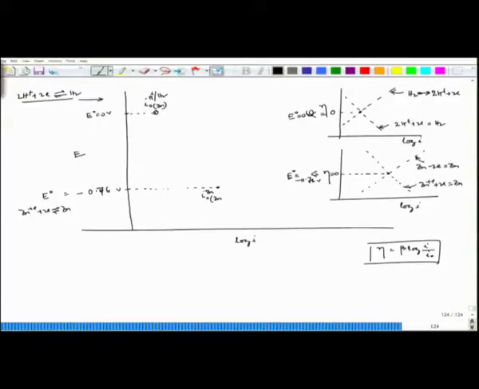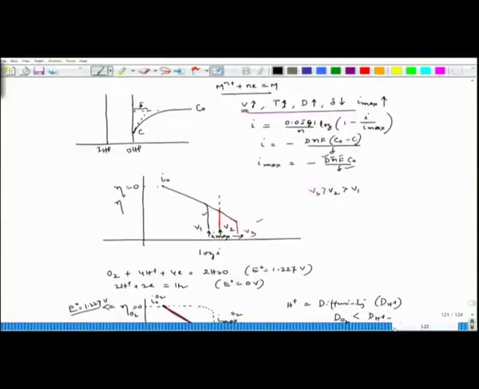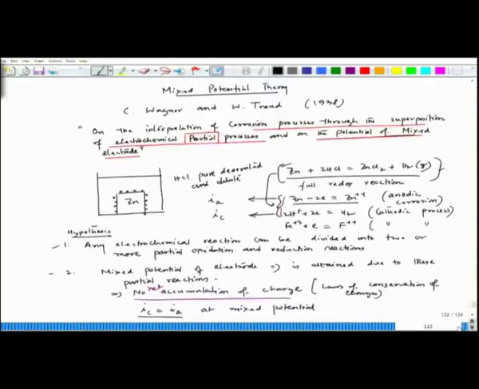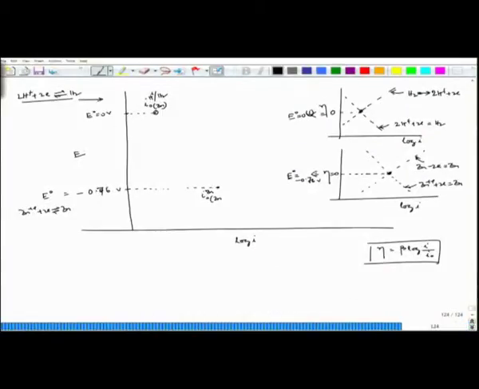But since their potentials are far off, one is at 0 and another one is at minus 0.76. As per the mixed potential theory, the mixed potential of the electrode will be achieved due to partial reactions. Now, there are two different potentials, so they must achieve some potential in between these two, and that is unique for this particular situation.